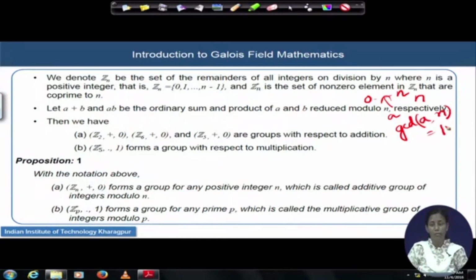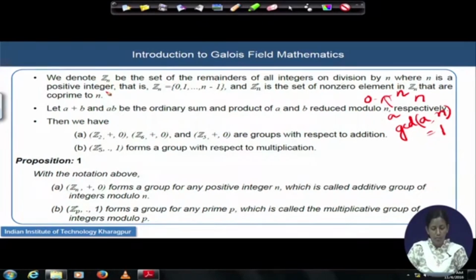If this happens, then we say that a and n are coprime. So, in this situation, Zn star will be the set of the non-zero elements picked from Zn, constructed in such a way that the elements of Zn star are coprime to n.